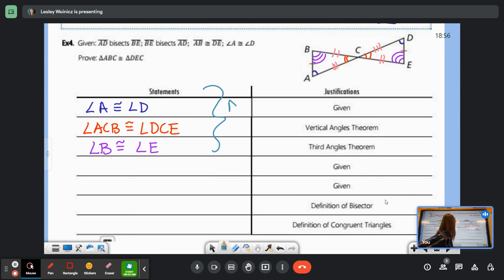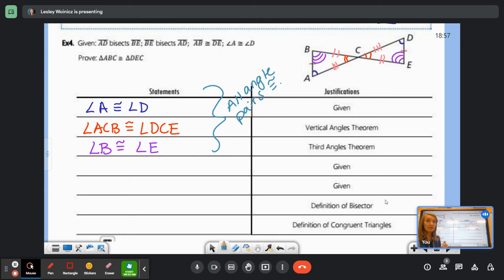We have all angle pairs congruent. Sorry that my brain is everywhere right now. I don't feel great. Okay, so now we have to get the sides. And then if we know all of the angles are congruent and all the sides are congruent, we can use the definition of congruent triangles to say these triangles are congruent. Okay, so we got to get the sides.